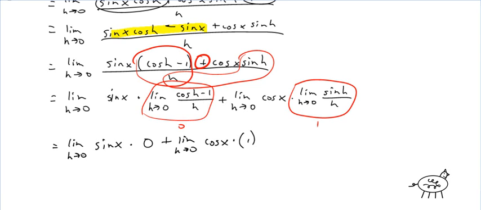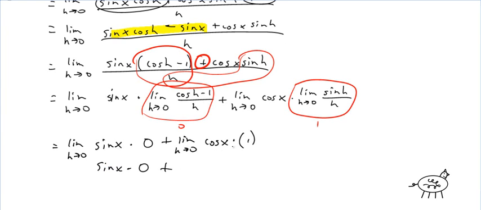Okay, and of course with the limit as h approaches 0, it doesn't even matter what's going on here, because the limit as h approaches 0 of sine of x is still sine of x, right? Because it's not like it's saying x is going to 0. So do you guys agree it's just sine of x times 0? And same thing with this one.